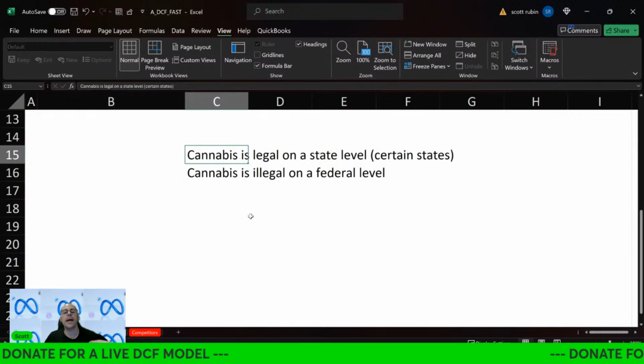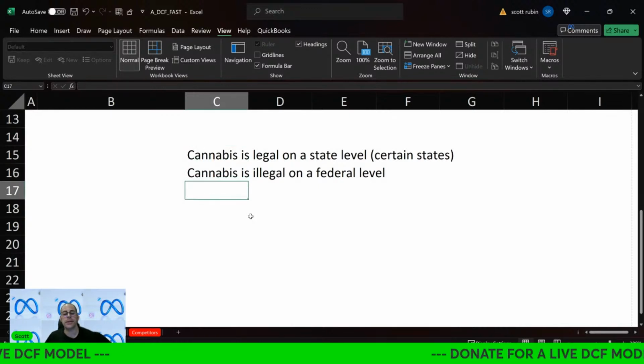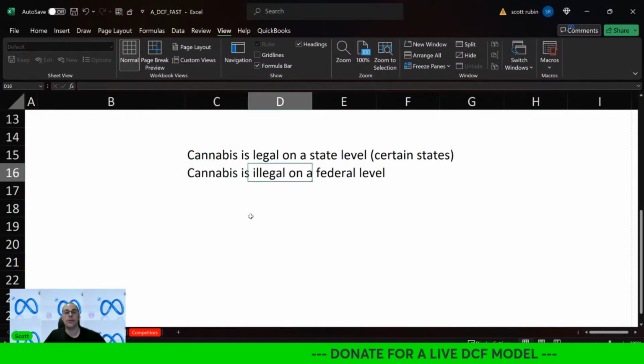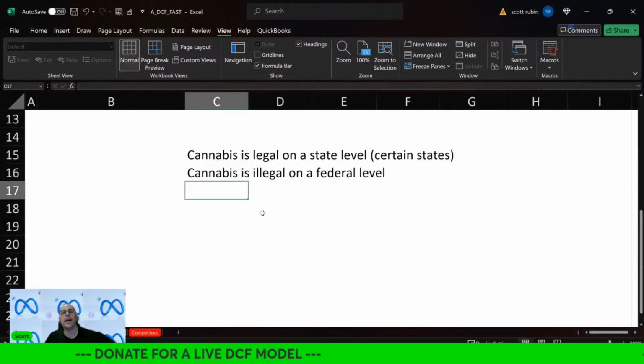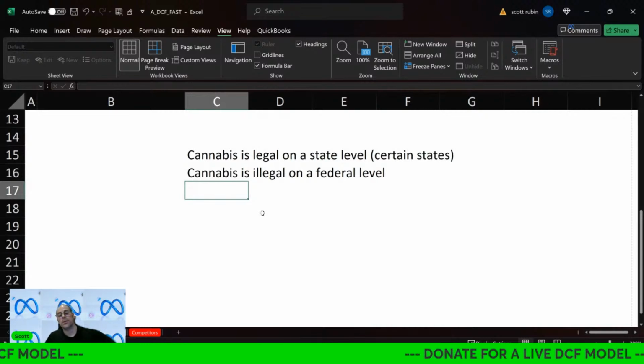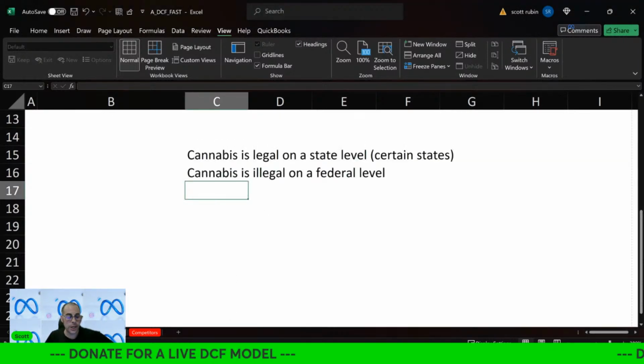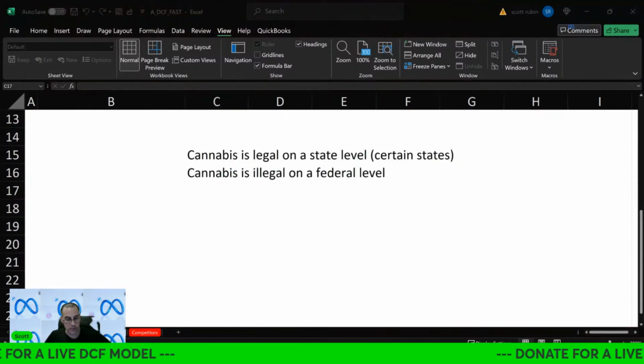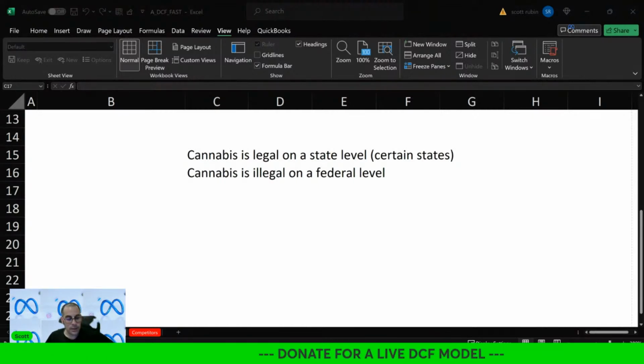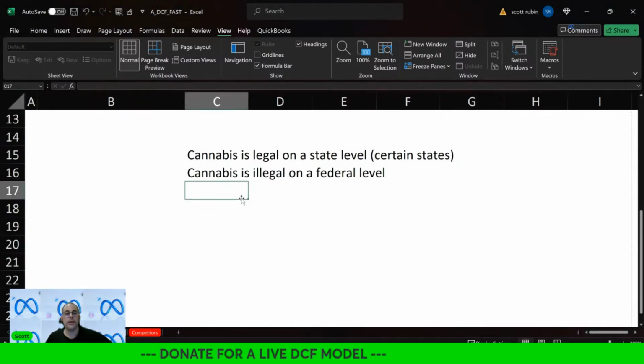But the reason cannabis hasn't really taken off in the United States is because it's illegal on a federal level. So most people don't want to touch it. Too many problems. So when Biden got elected president, it was a Democrat in the office. So people thought there's a more likely chance of cannabis getting approved on a federal level because Biden was in office.